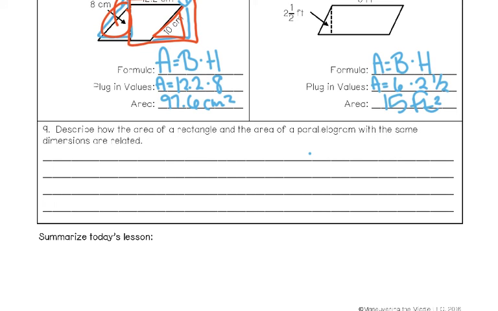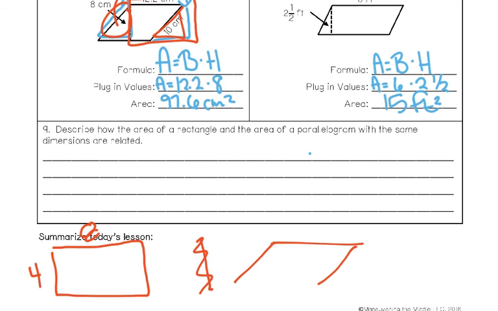You're going to tell them in fancy words, but think about it in your normal head words first. If this is our rectangle and it's a 4 by 8, and then we have a parallelogram. Ooh, I don't know how to draw one. How about like this? Yep, parallelogram, and it has a base of 8 with a height of 4.